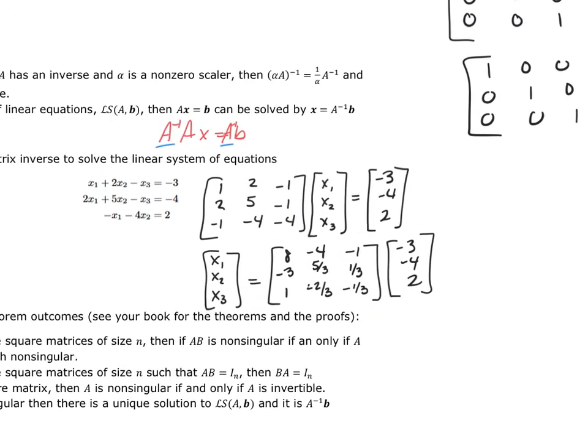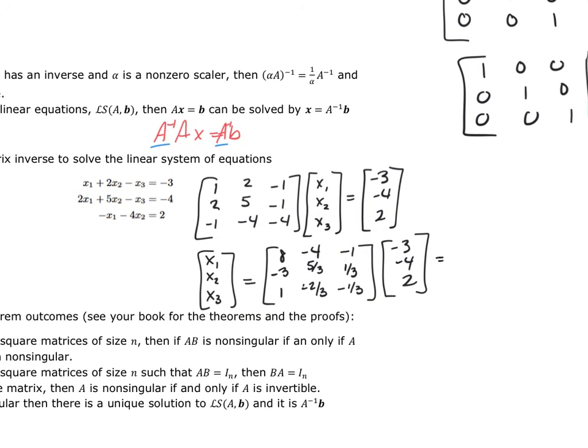When I do that matrix multiplication, the vector I get all said and done is -10, 3, and -1. So that tells me this is x sub 1, this is x sub 2, and this is x sub 3.